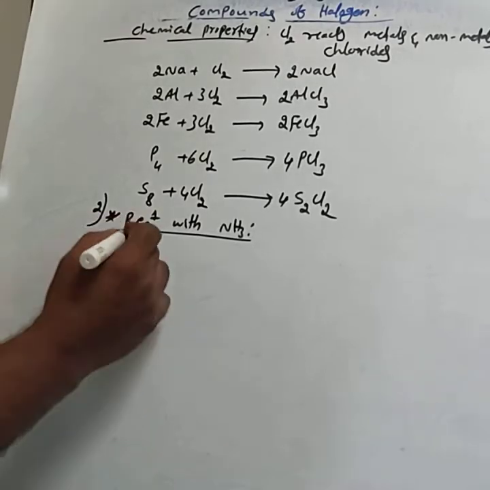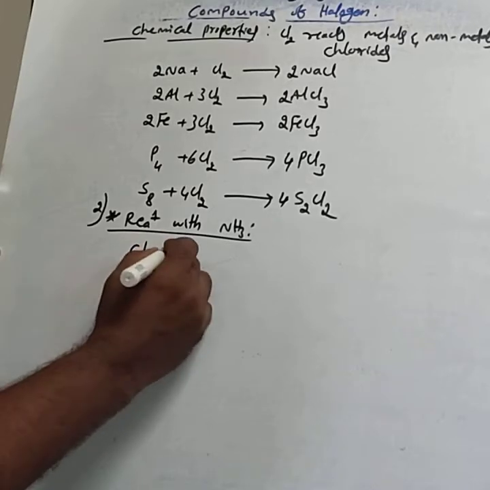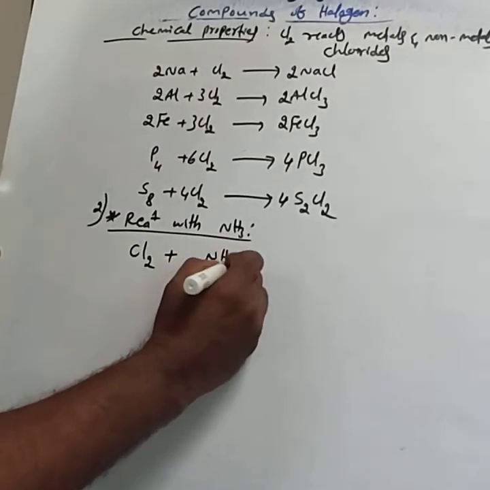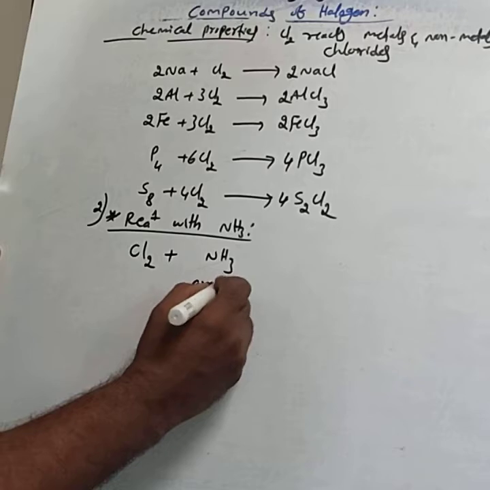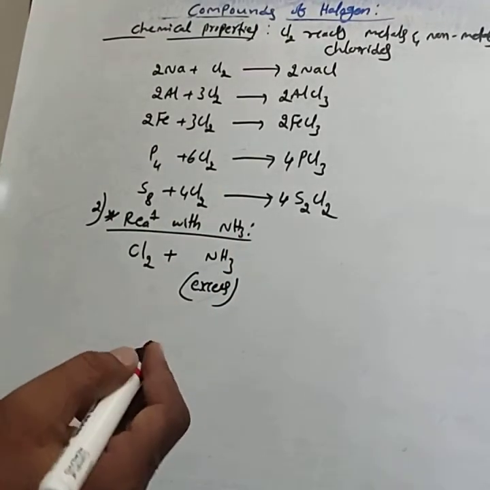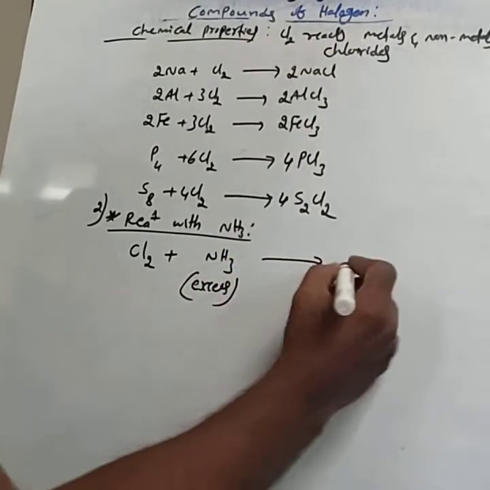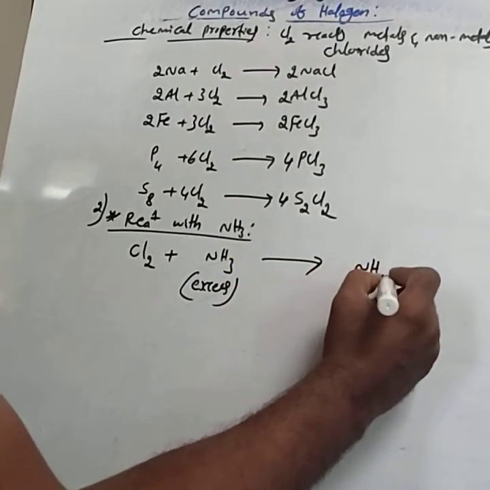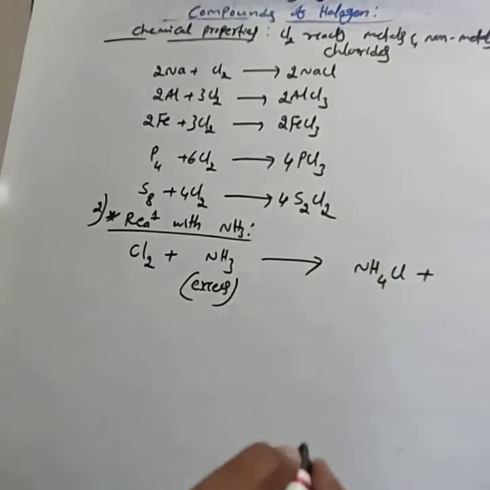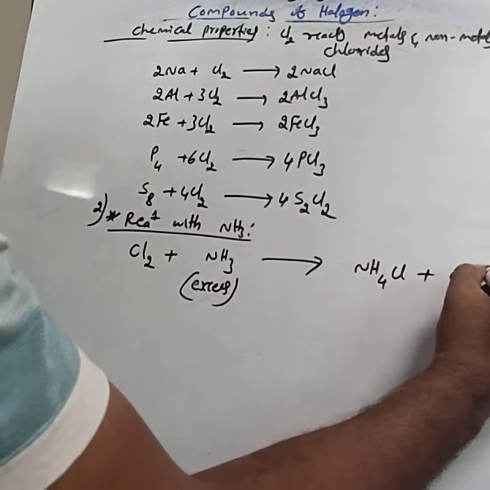There are two cases. The first case is chlorine reacting with excess of ammonia. They give that ammonia is in excess. Then the product formed is ammonium chloride, and nitrogen gas is evolved.